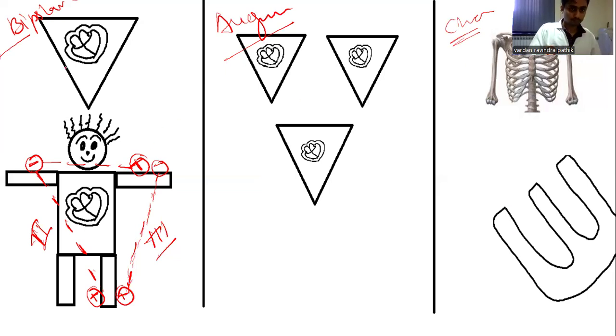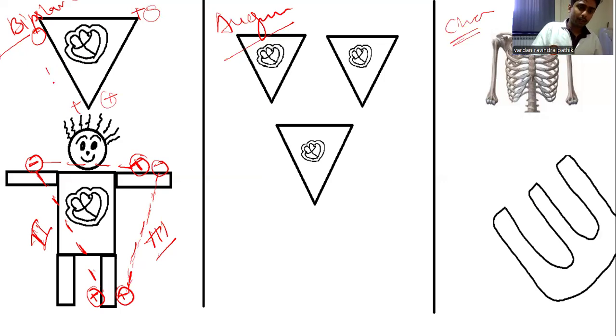So here negative, positive, positive, positive, negative. We have got all the three leads.